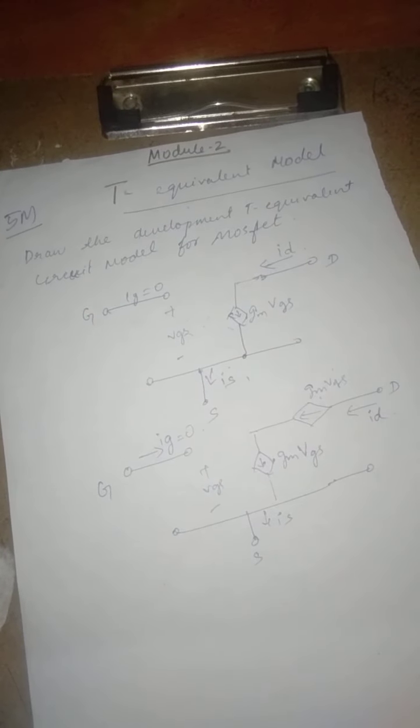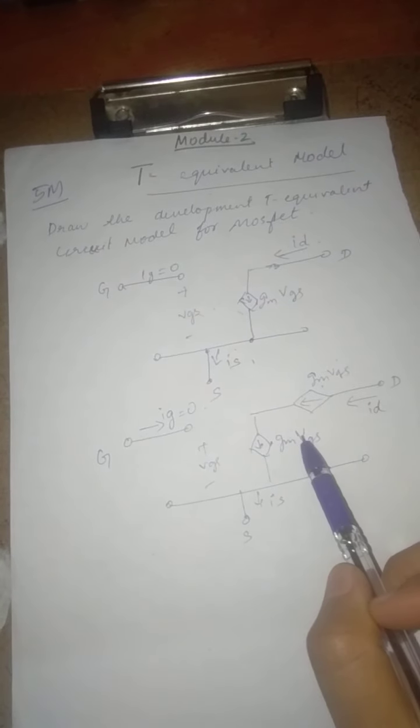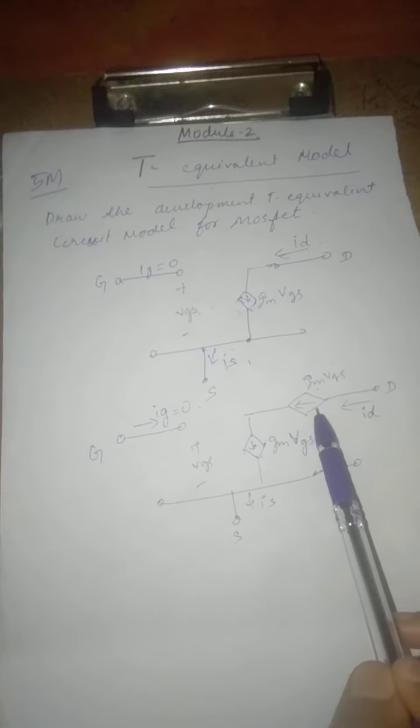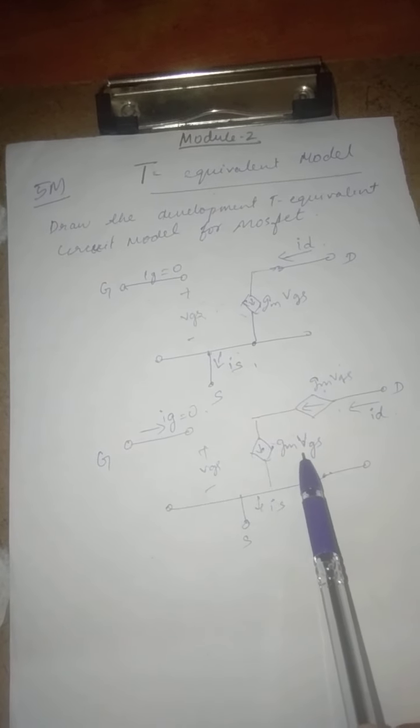This is what we have. So when we compare this with the previous one, we have just added a GM-VGS current source. This is just the duplicate one, but the original controlled source is going to be this one.